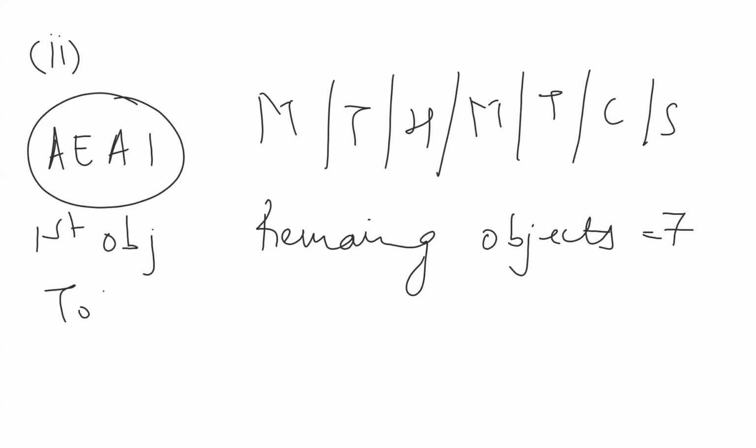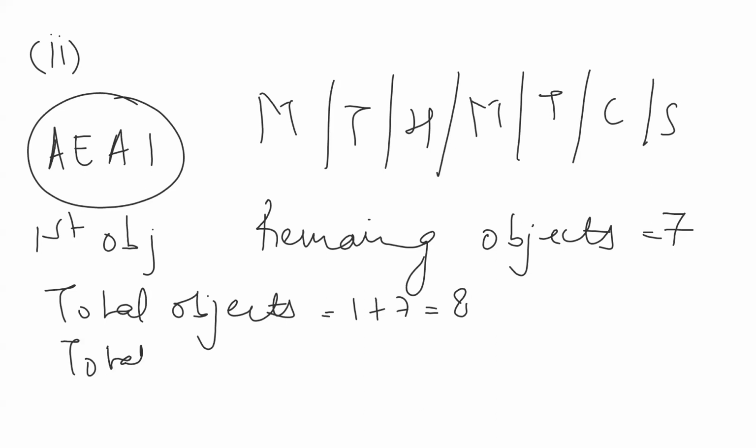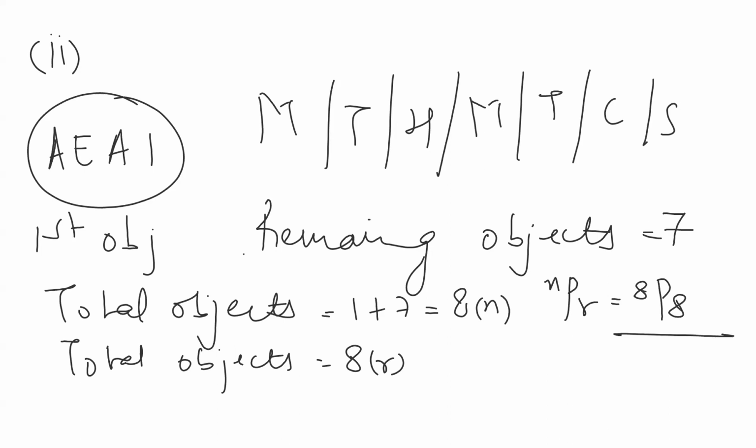Total objects 8. That is 1 plus 7, 8. For 8 objects, we require 8 places. 8P8. But then look at the remaining objects now.